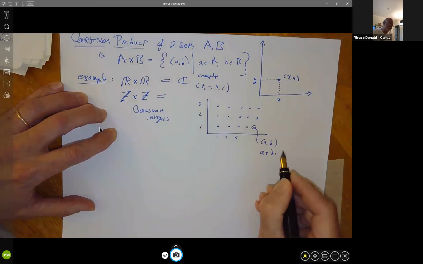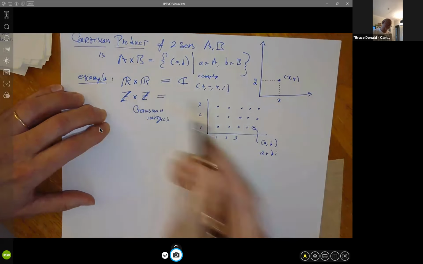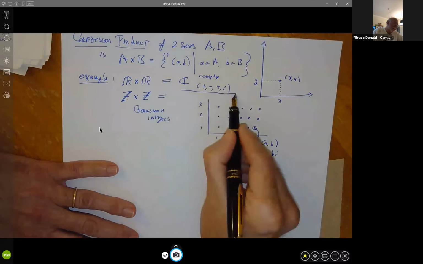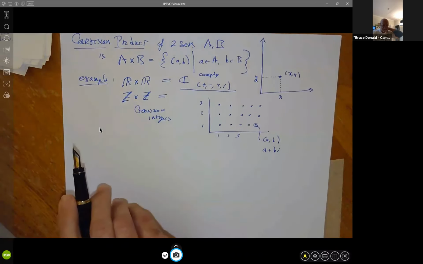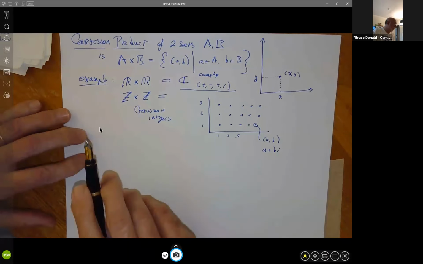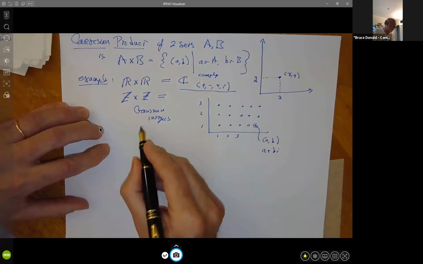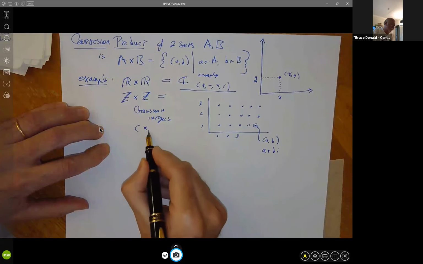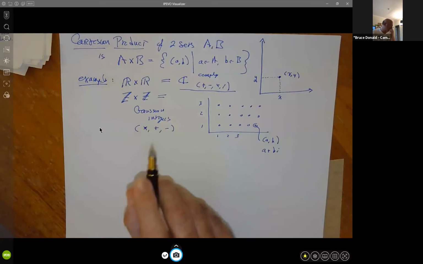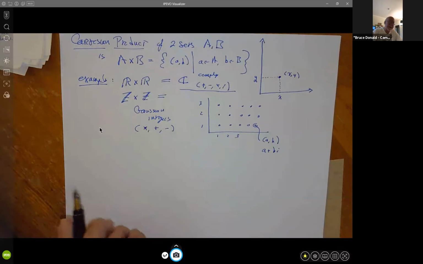And of course, these are a subset of the plane. The complex numbers are very interesting. They're closed under addition, subtraction, multiplication, and division. The Gaussian integers are only closed under multiplication, addition, and subtraction. So they're what's called a ring, not a field. Very interesting objects that arise.